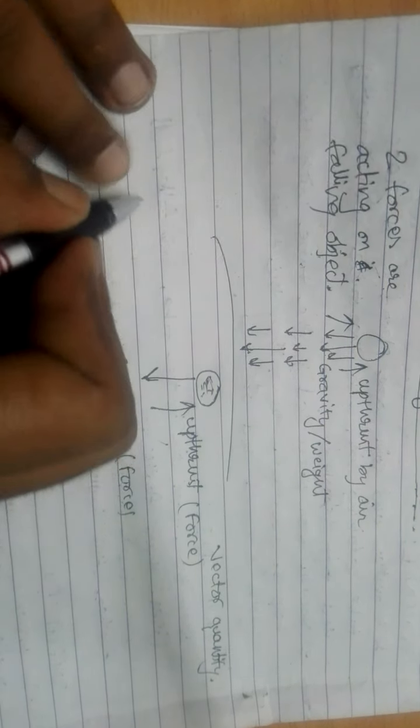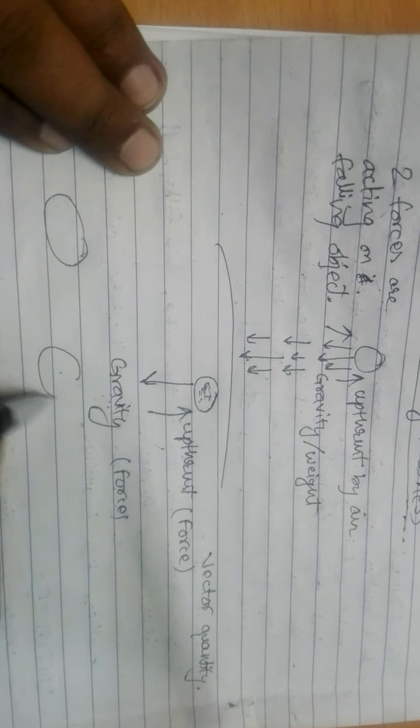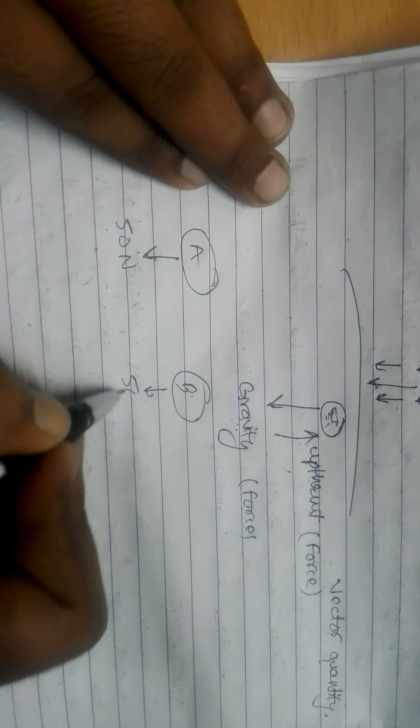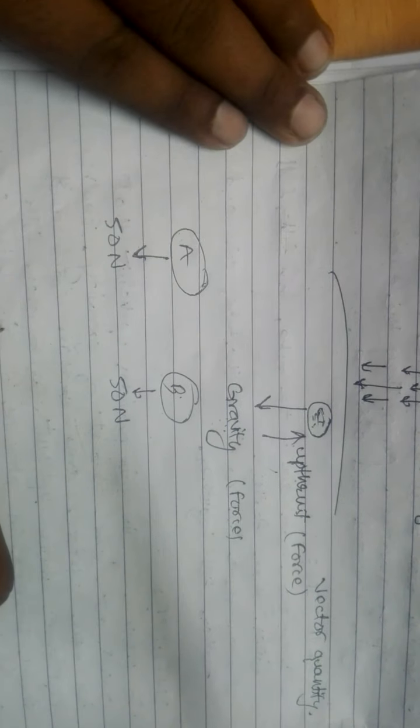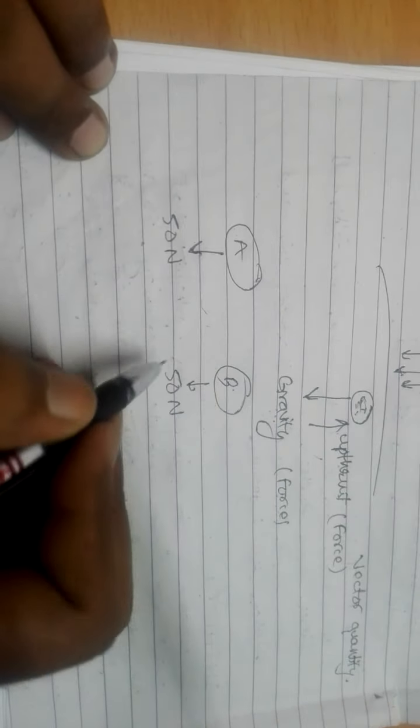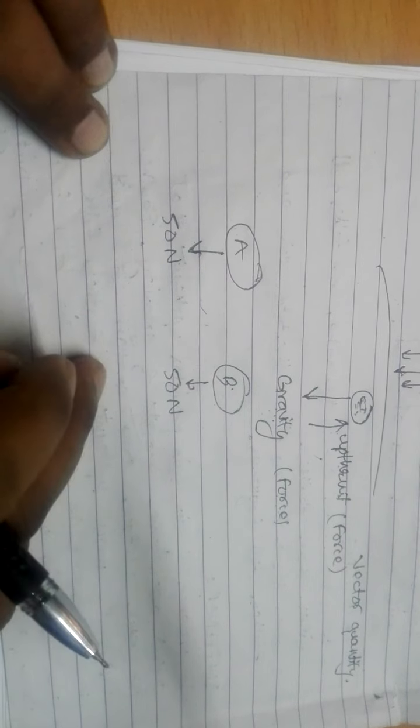Let us suppose that we have two objects, object A and object B. The weight of both objects is 50 Newton. If there is no interference, then both of them would fall at the same speed or same acceleration.